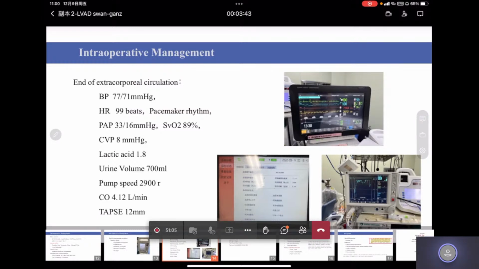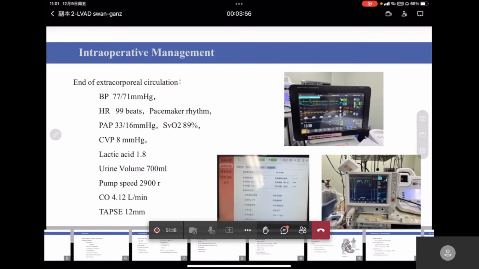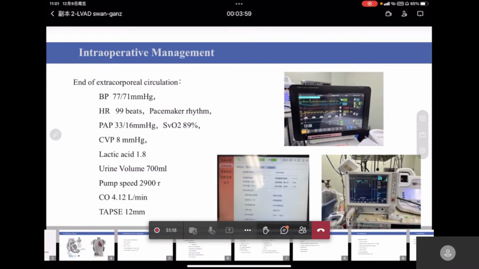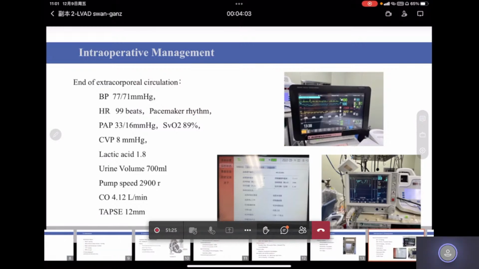We just see the CO is 4.12. Before the procedure, how about before? I didn't have a picture. Before surgery, the CI is 1.2. After induction. Okay.